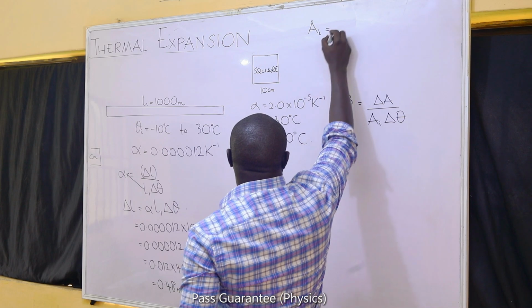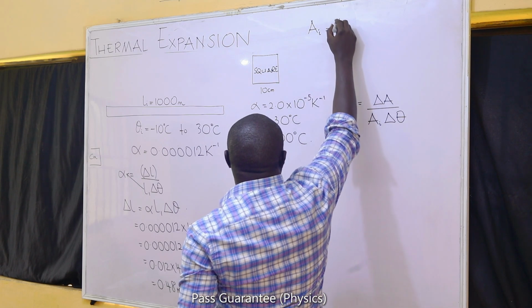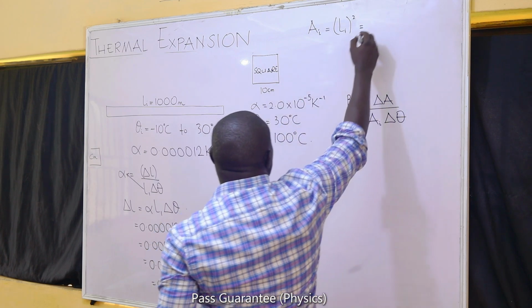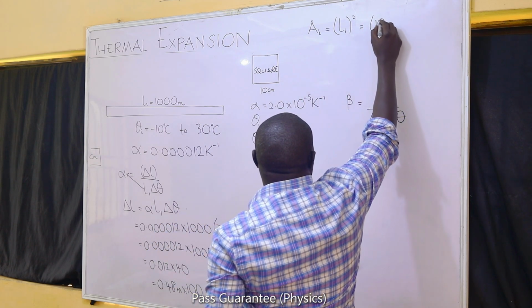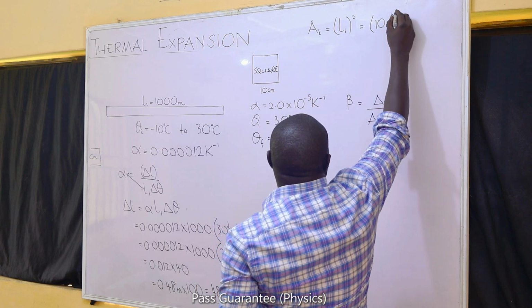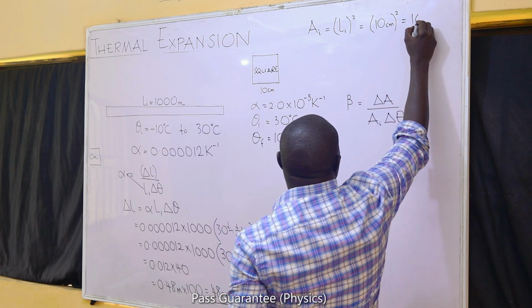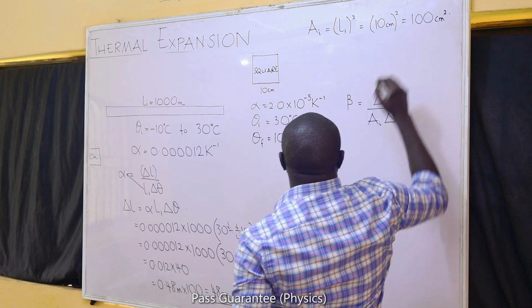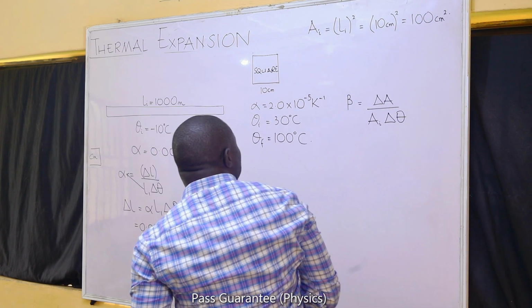The area of a square is the length squared, and the length is 10 centimeters. If you square 10 centimeters, you are expected to have 100 centimeters squared. So that is the initial area for a square of side 10 centimeters.